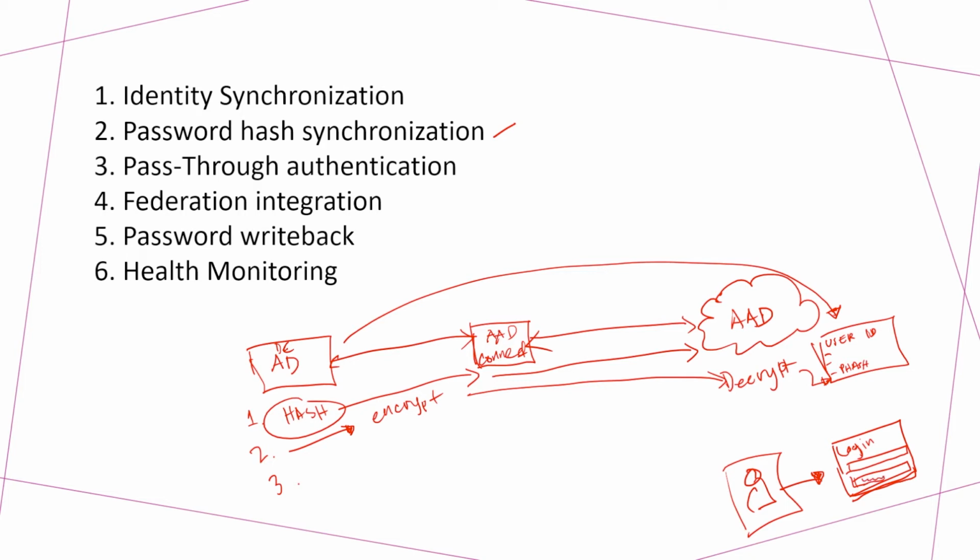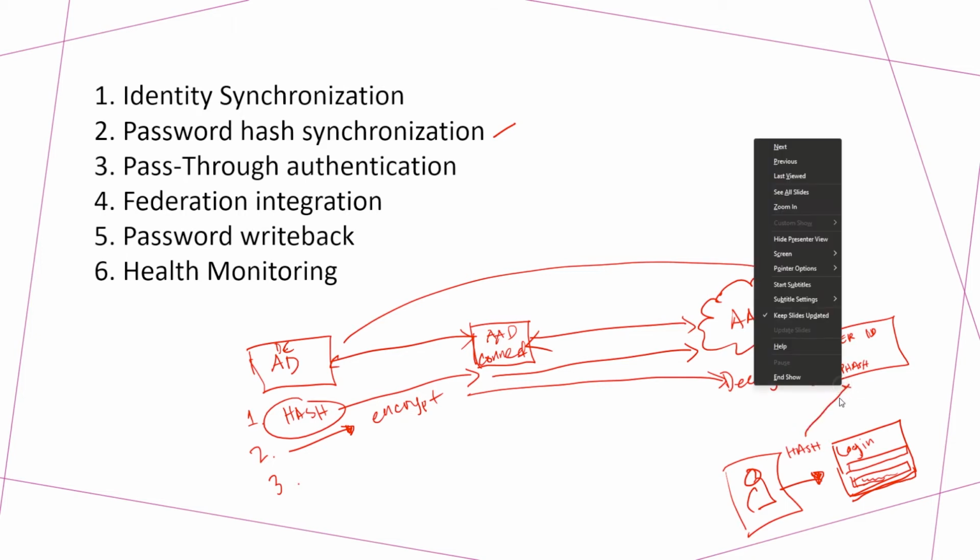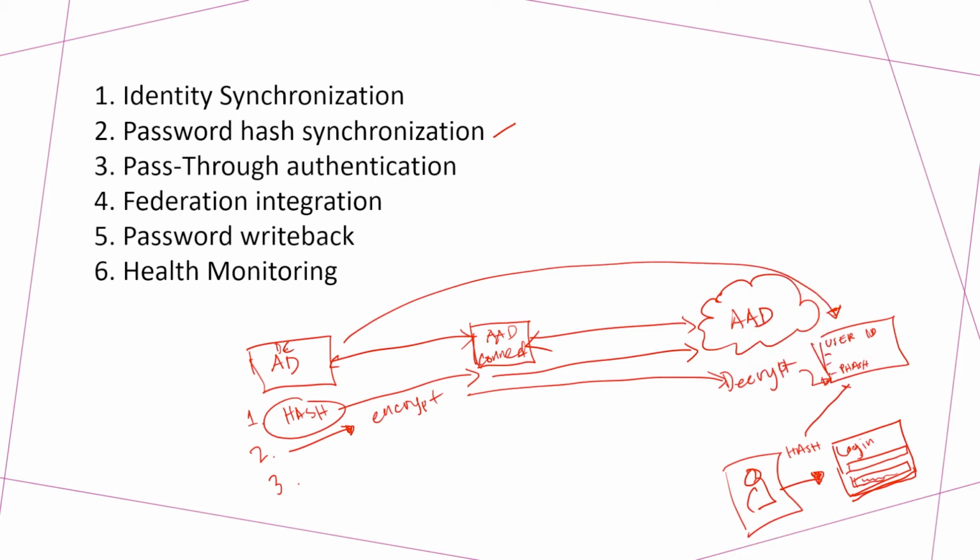So when you type your password there, it generates a hash of that password, and then it will compare it to the hash that's on the user account attribute, that was synced from on-premise AD. Now, this hash has to match, including the password as well.